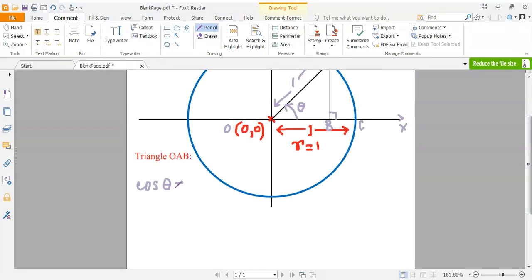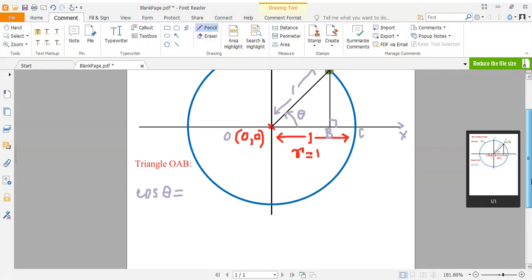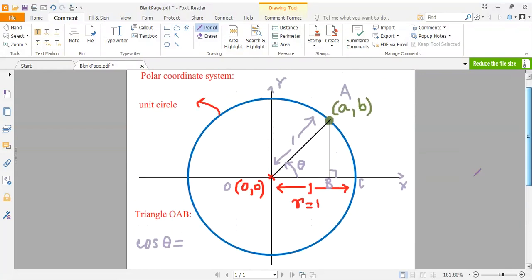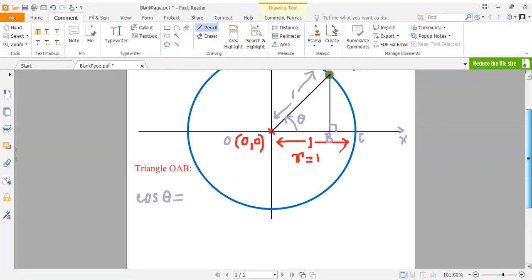We know cos theta is base by hypotenuse. If I think about base by hypotenuse, the base is OB and the hypotenuse is OA. So I can write cos theta as OB by OA.